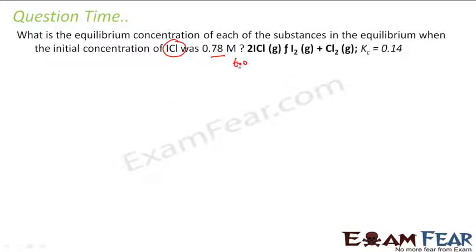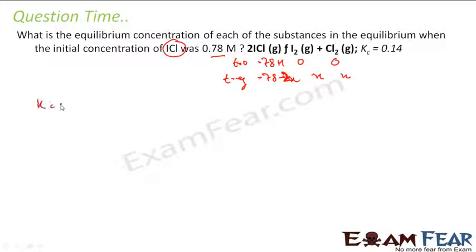At T is equal to 0, ICl is 0.78, and I2 and Cl2 are 0. At equilibrium, ICl becomes 0.78 minus 2x because this is 2 ICl, and I2 becomes x, and Cl2 becomes x.